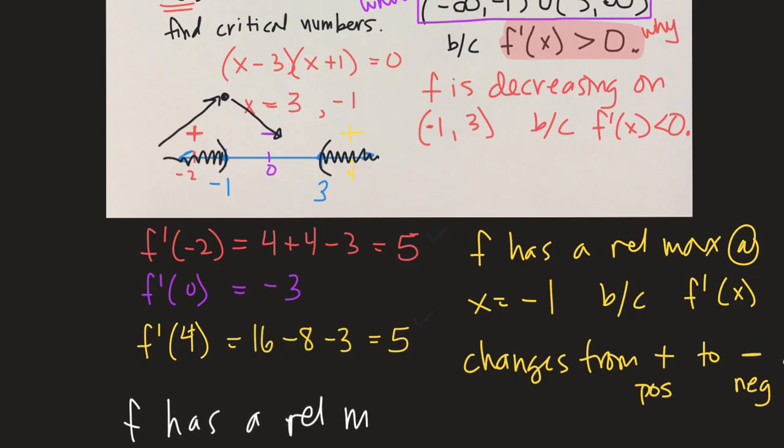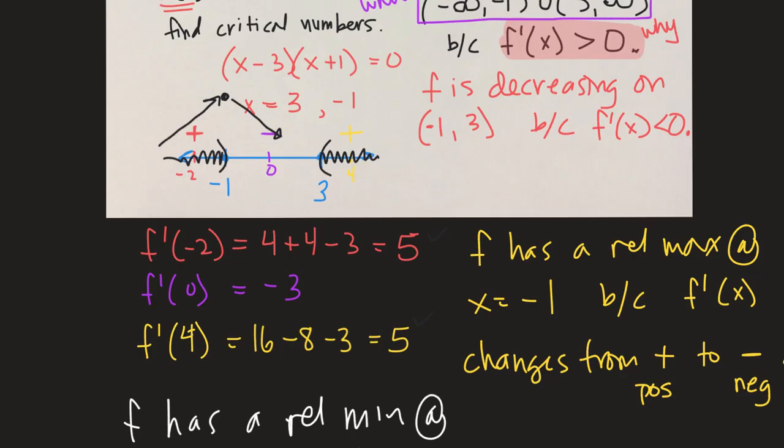At positive 3, x equals positive 3, because f prime changes from negative to positive.